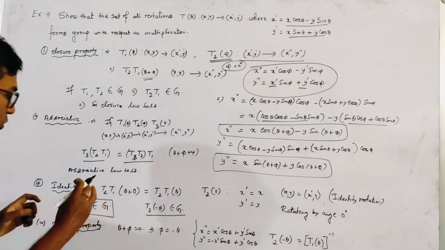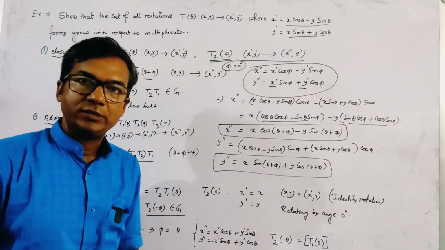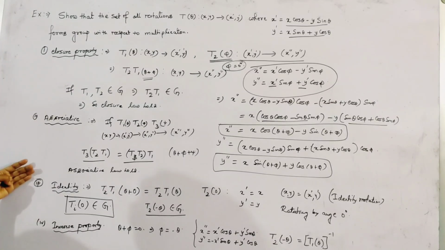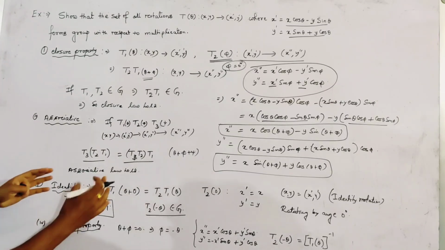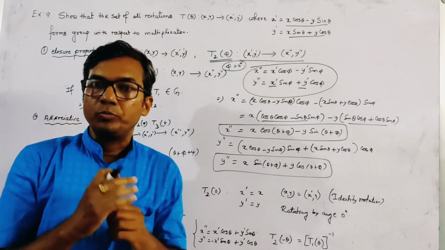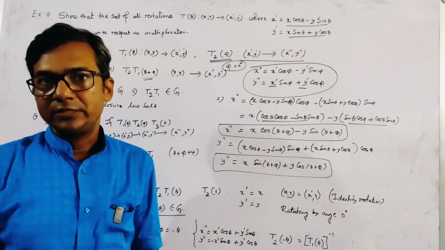So we get the inverse of every rotation. So all the properties of a group, that is closure, associativity, identity and inverse, hold for these rotations. So we say that this is a group under composition of mapping, or under multiplication.